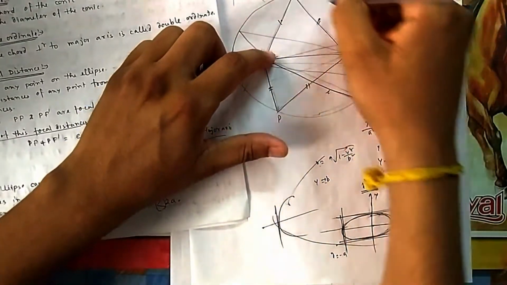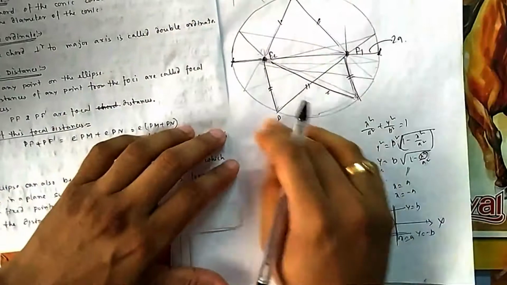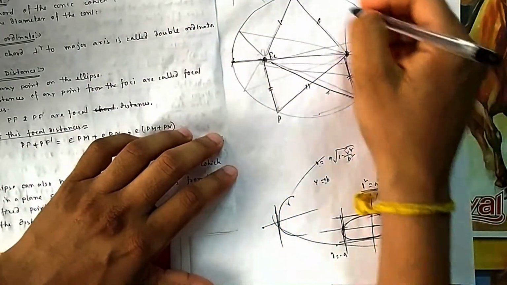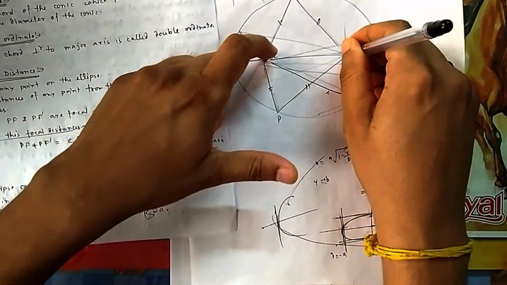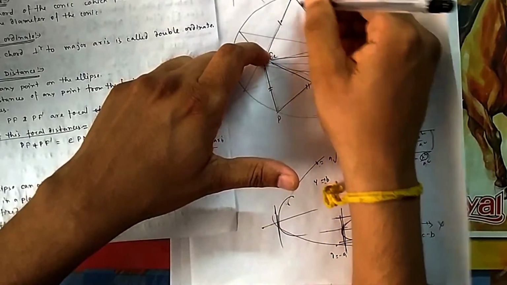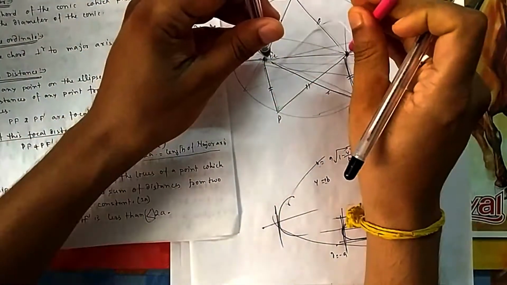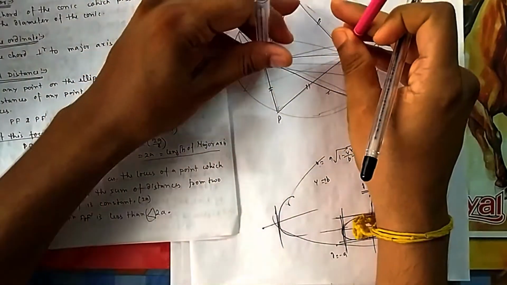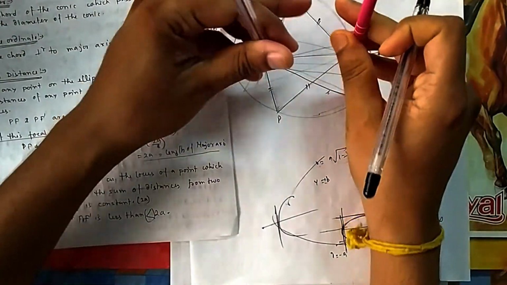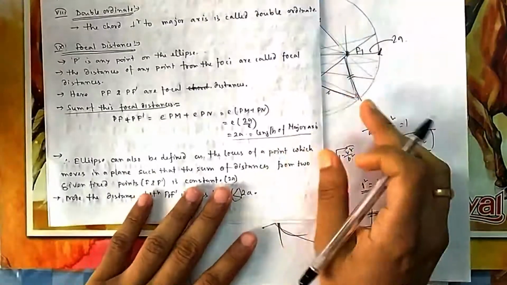We tried to move to whatever positions we can in this plane, and we found that P can move only on this curve. What was the condition? The sum of the focal distances will always be fixed. Suppose this length was 10 centimeter, 5 centimeter. So this is fixed. At any point this length should be equal to 5 centimeter, distance from these two focus points.